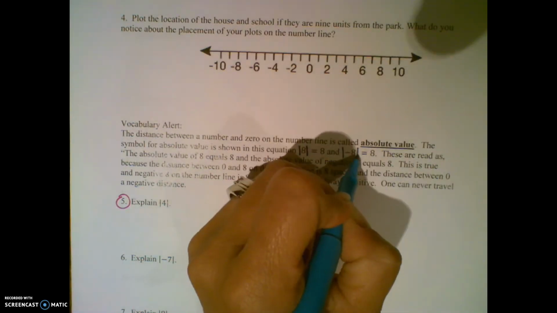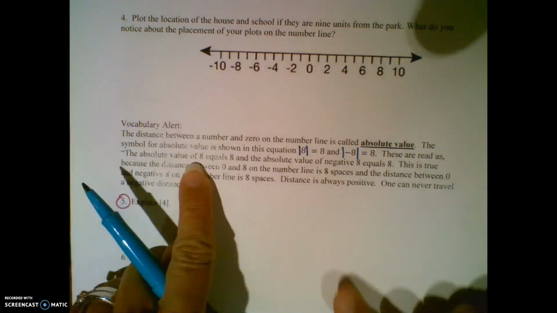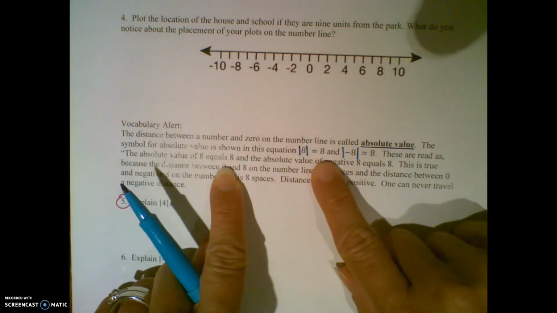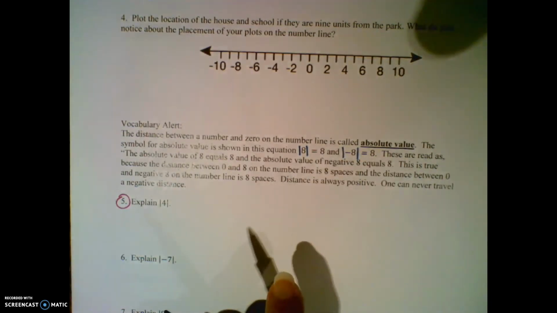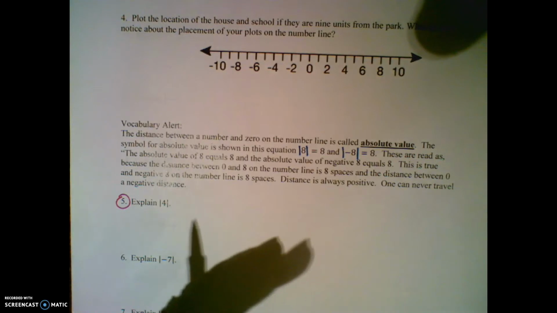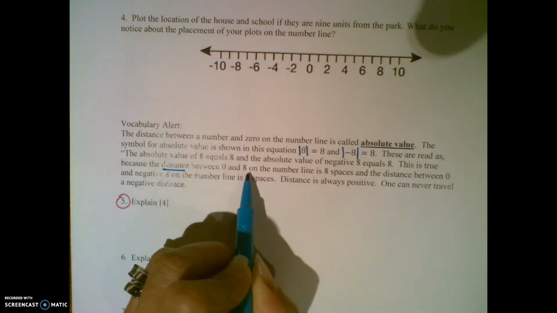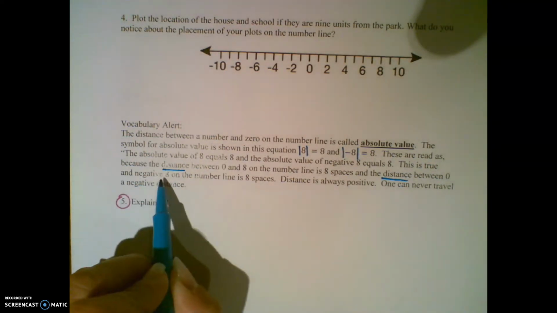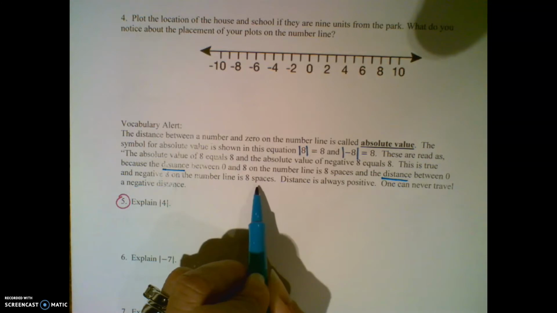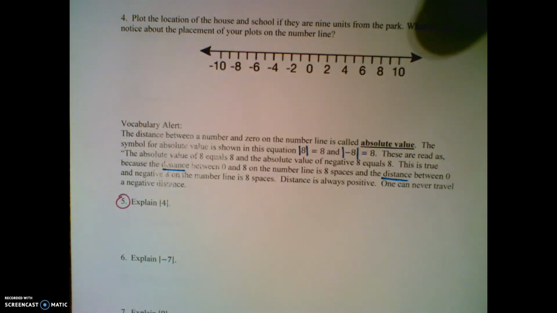And as we know, we would read that as the absolute value of 8 equals 8, and the absolute value of -8 equals 8. We read them that way because the distance between 0 and 8 on the number line is 8 spaces, and the distance between 0 and -8 on a number line is still a positive 8 spaces, because distance is always positive, okay? So you can never travel negative distance.